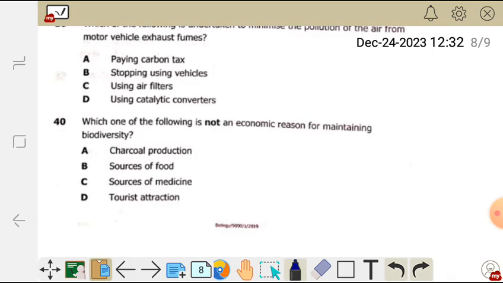Okay, so biodiversity, if you maintain biodiversity as just for food, then it is not economical. But if charcoal production, you sell charcoal, your economy grows. Source of medicine, you may produce medicine, you sell, that is economical. Tourist attraction, they pay money, that is economical. But source of food is not economical. So the correct answer for question 40 is B.